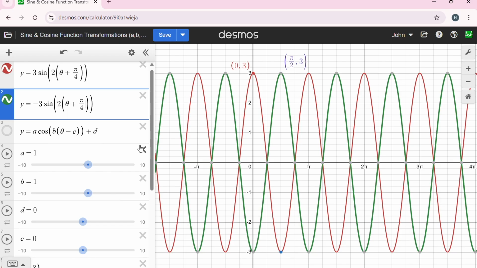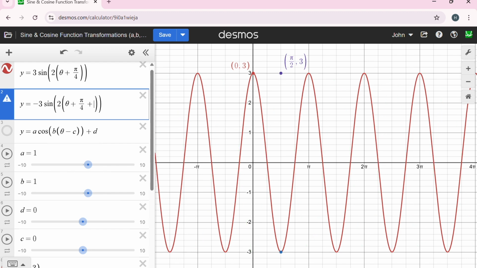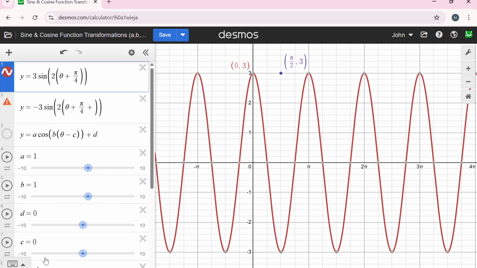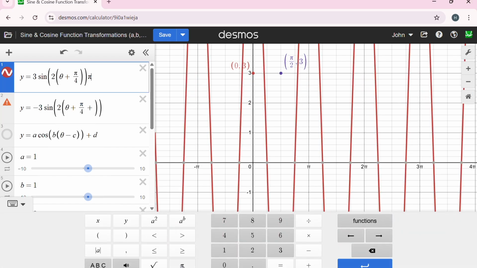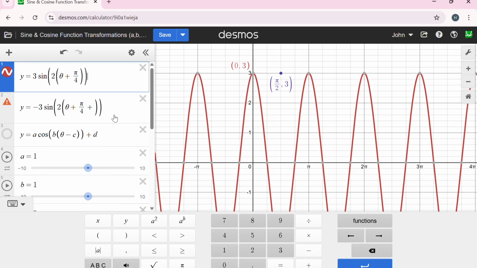So watch what happens here. So on the green graph, right here.